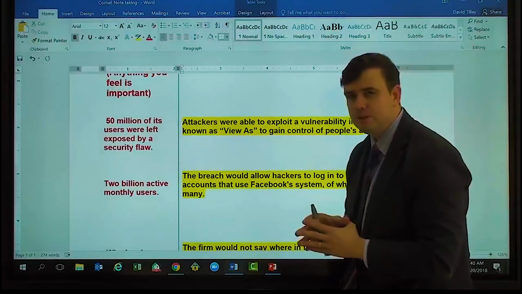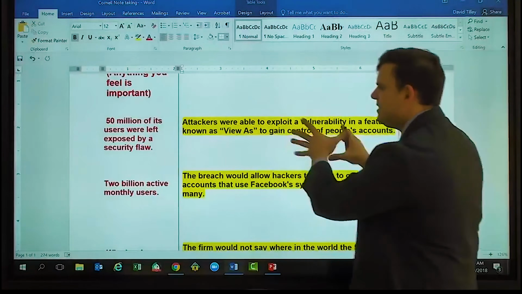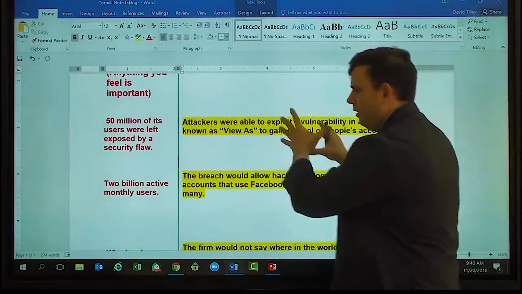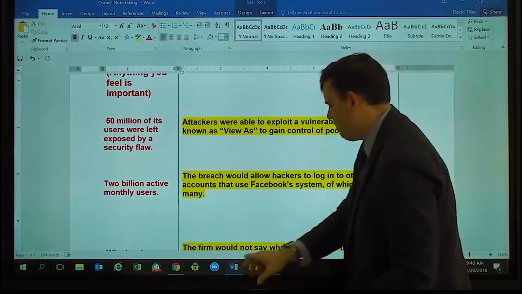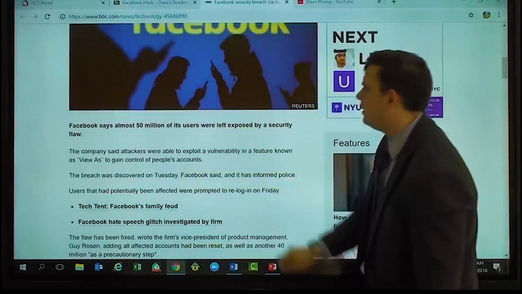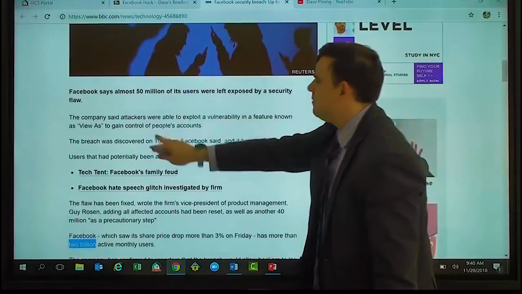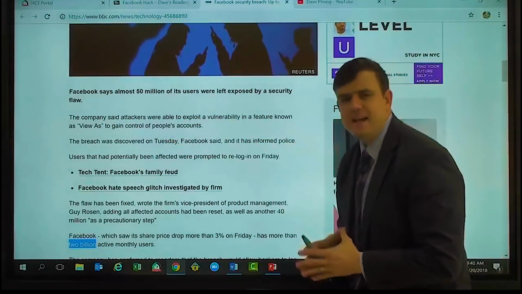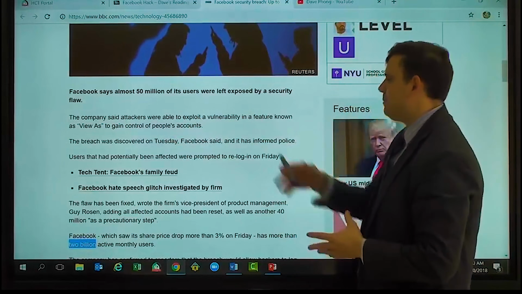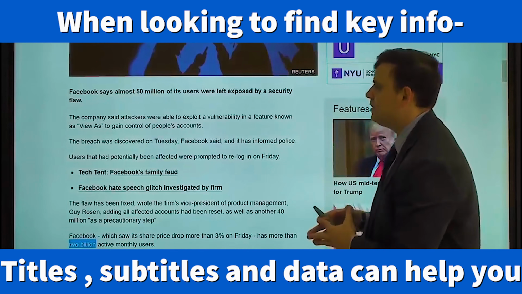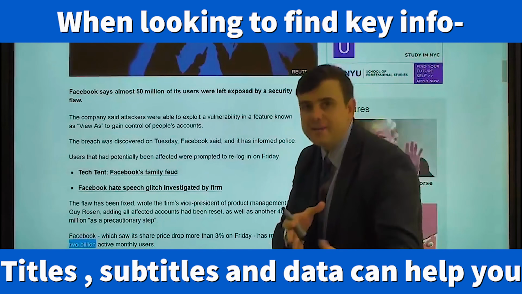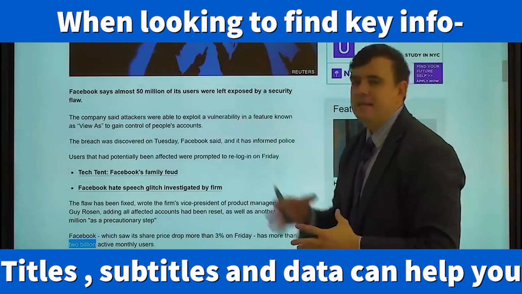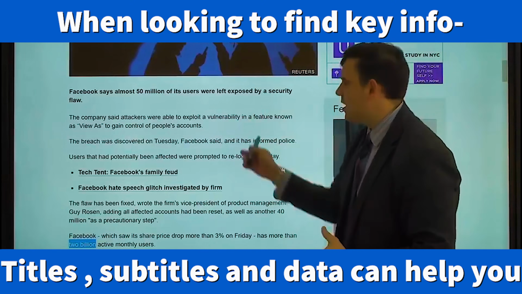Now I need to give a little bit more detail on that, on the right-hand side. So if we go back to the article again, here's the relating information. The attackers, or hackers, were able to exploit a vulnerability in a feature known as View As, which then led to gaining control of people's accounts.